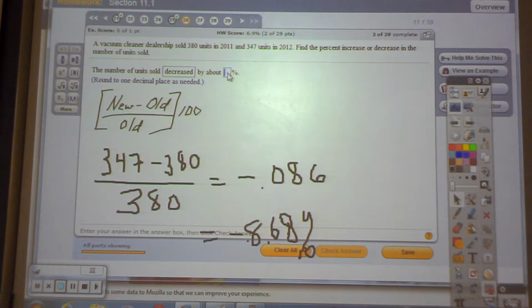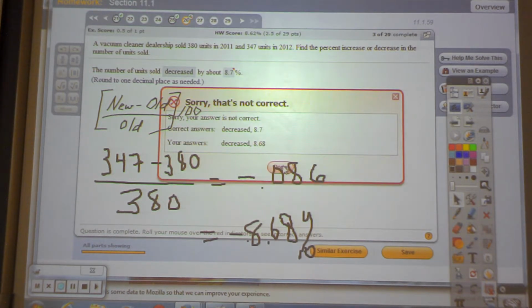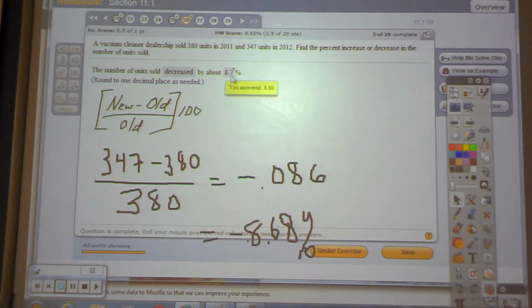Decreased by 8.68. Check answer. They rounded to 8.7, 8.68. I'll take either answer. If it says round to one decimal place, then I can't take those answers, but I didn't read that.